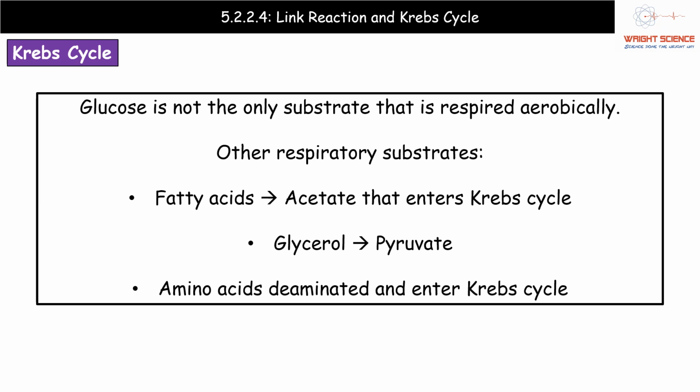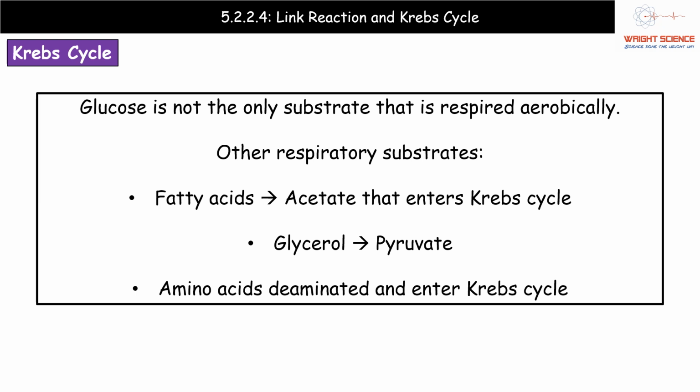So things like fatty acids, for example, will still be respired aerobically, but they're actually going to be entering as acetate in the Krebs cycle. If we're thinking about glycerol, that's going to be converted into pyruvate, so that means it's going to filter in at that stage.